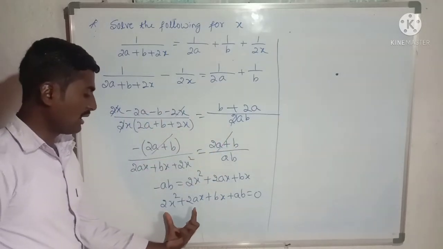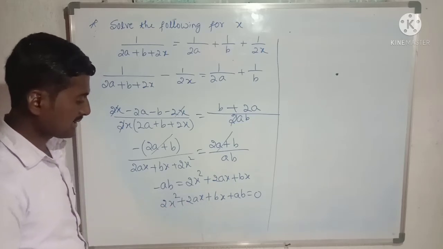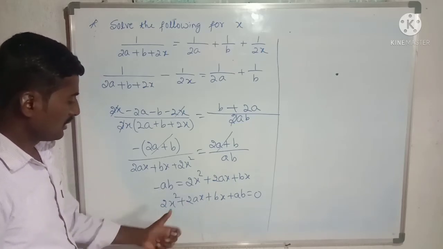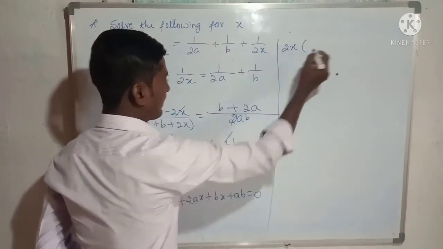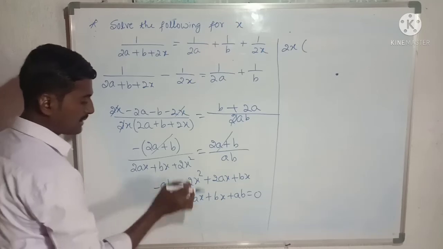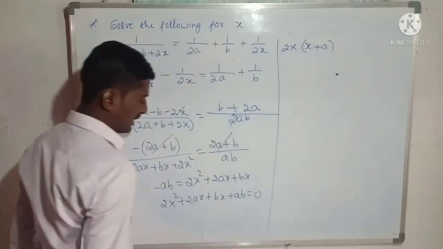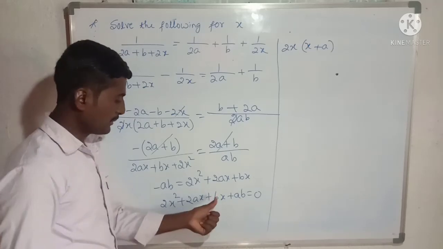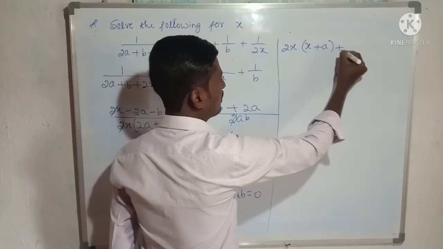Now in these two, I can take common as 2x. Can I take 2x as the common? Now here 2x I will take common. Inside x plus a I am getting. X plus a. Now in these two I can take common as b. In these two common term is b. I will take plus b outside.